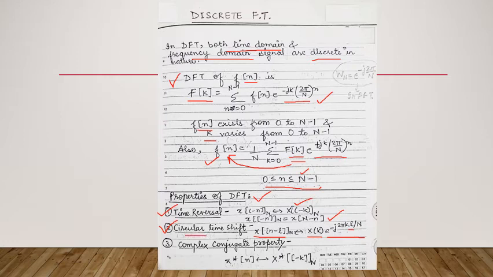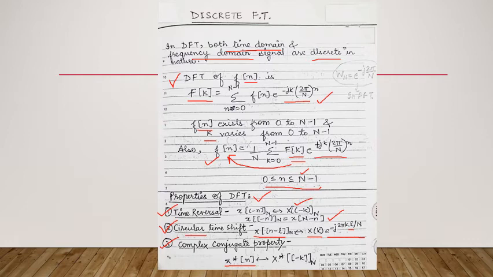The third property is the complex conjugate property. This is very important. If we have a signal x of n whose DFT is capital X of k, now I take the conjugate of signal x of n. You know how we take the conjugate of complex numbers. Suppose I have a complex number 2 plus 3 iota, its conjugate will be 2 minus 3 iota.